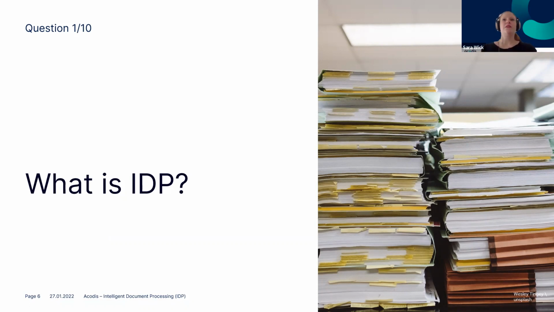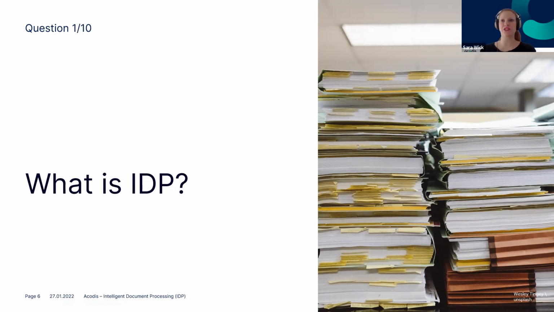And then what sort of data points would I like to have extracted from the document? And then also, where should the document go? Are there some checks I need to make so that the data that is extracted can be automatically validated? And I think all of this is best explained or named with IDP, so the intelligent document processing.